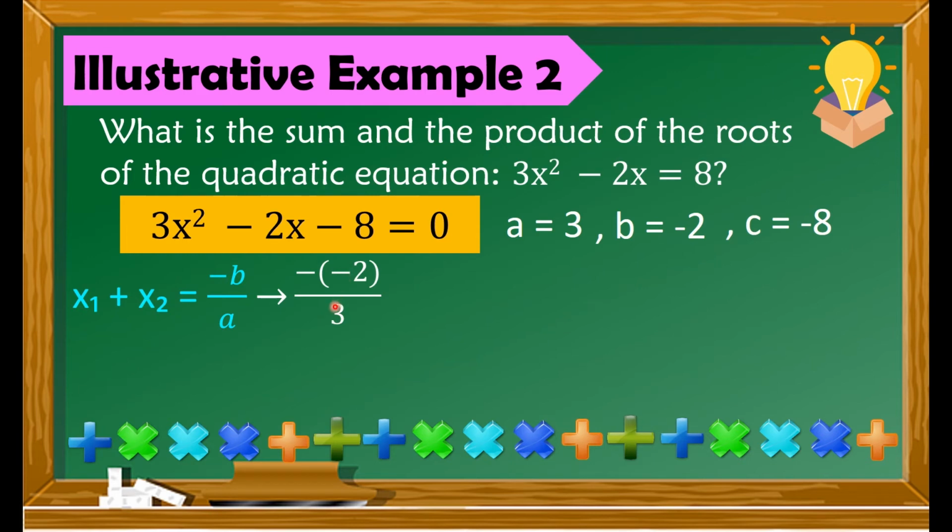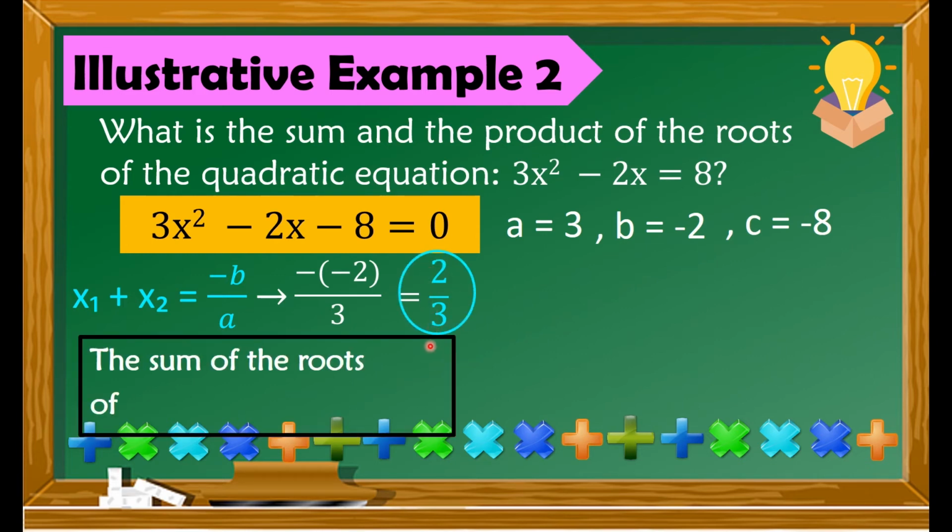All over a, which is 3. Therefore, negative times negative, we have now positive 2 over 3. And this positive 2 over 3 is known as our sum of the roots of this given equation.